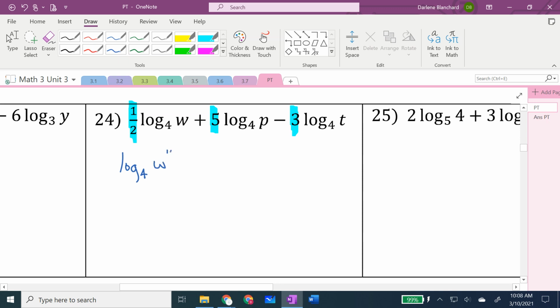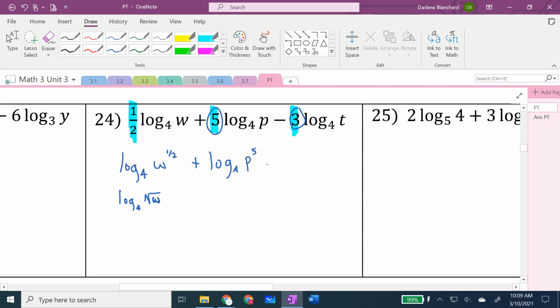1/2 becomes the exponent on w. And if you leave it as 1/2, that's fine. It is the same thing as square root. So I'm going to put down that that's the same thing as the square root of w. And again, if you leave it as w to the 1/2, that is fine. Then I have this 5, and it becomes the exponent on the p that is inside the logarithm.